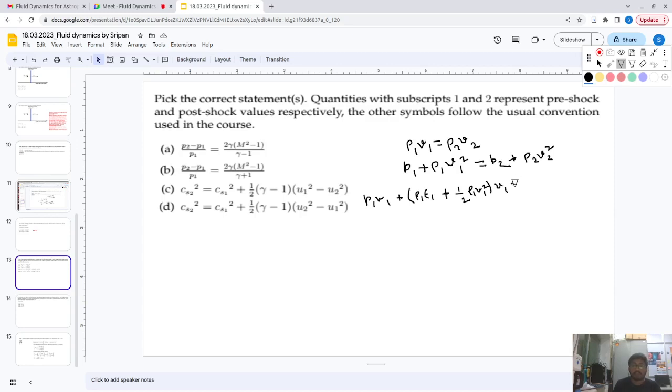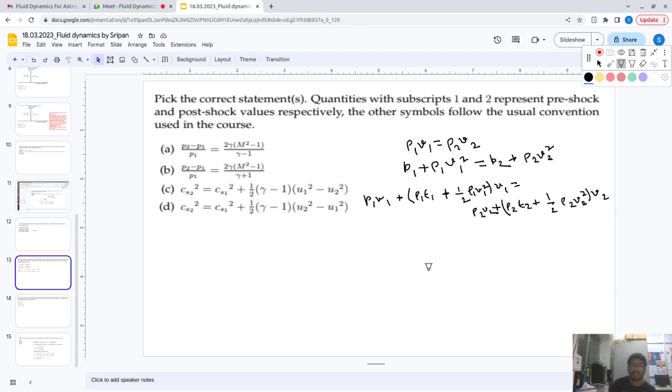This should be equal to p2 v2 plus rho 2 epsilon 2 plus half rho 2 v2 square and then v2.